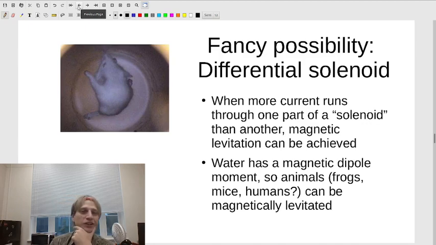When I was in grad school the first time at University of Kansas, I heard a guy from KUMC in Kansas City talk about his experiment where they would put rats in a differential magnetic field and get them to float.